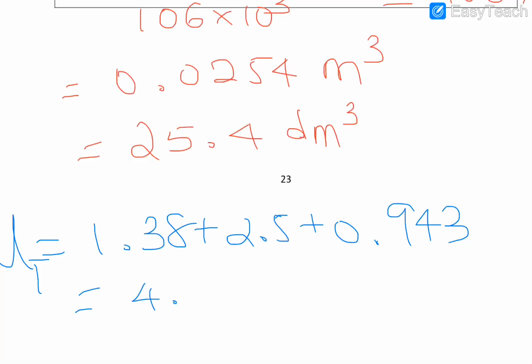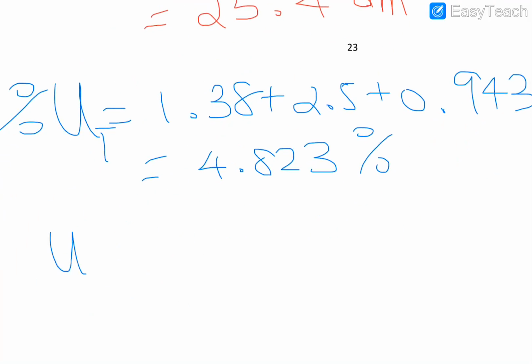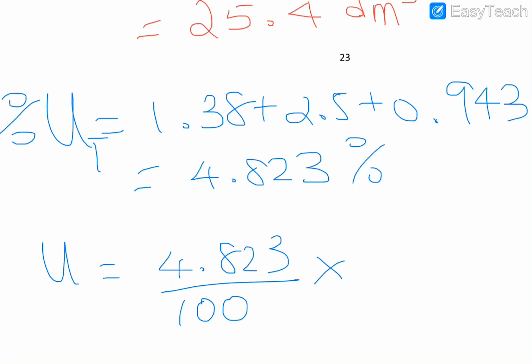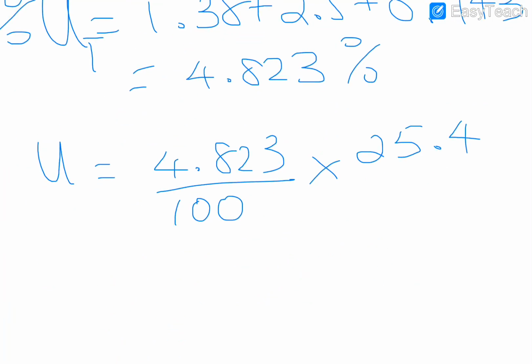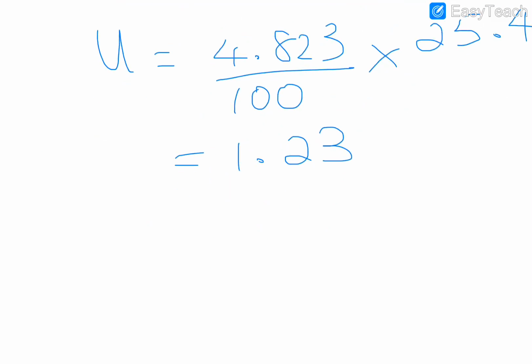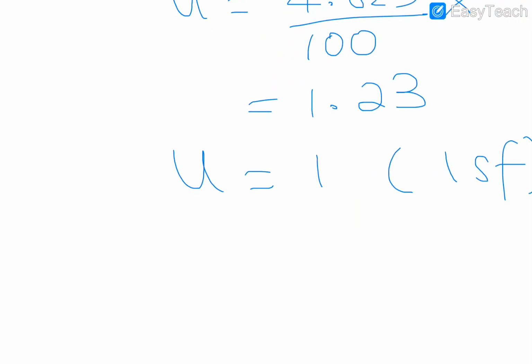So I get 4.823%. So then the uncertainty is 4.823% of my volume, 25.4. So that gives me 1.23. So then the uncertainty is going to be 1, given to 1 SF. Okay, so that's the absolute uncertainty.